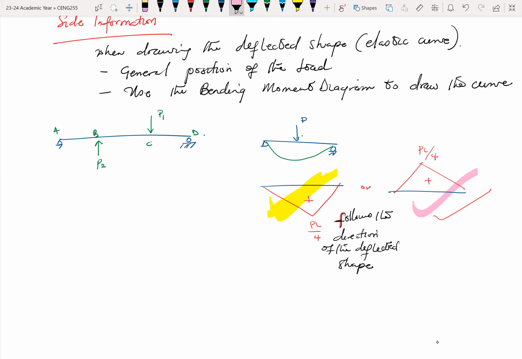Okay. So here, if I draw my bending moment diagram, I have two options. I'm just going to draw a qualitative form of the bending moment diagram, not the actual values. So this is the bending moment diagram, a bunch of straight lines.